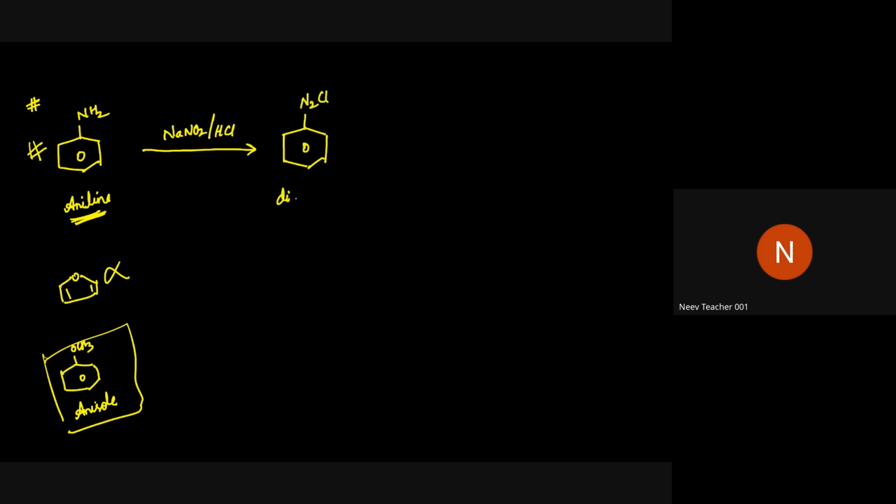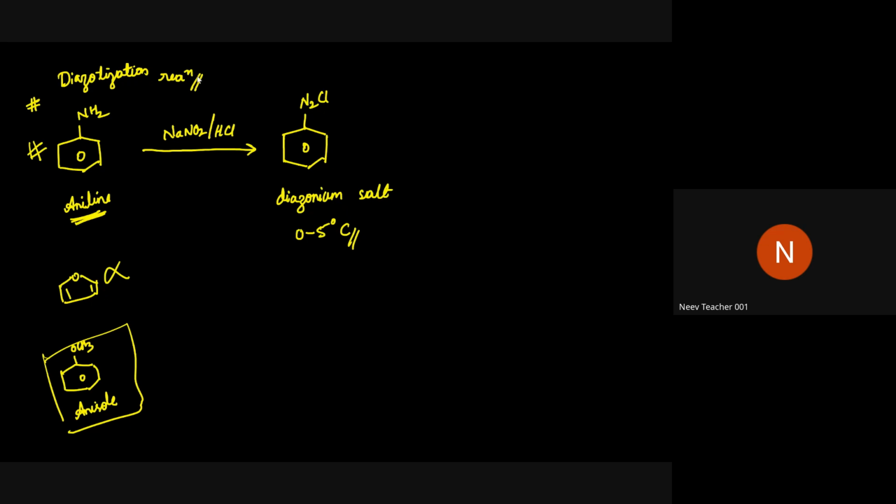This diazonium salt is stable only at 0 to 5 degrees Celsius. At higher temperature, it will decompose. This is called the diazotization reaction.